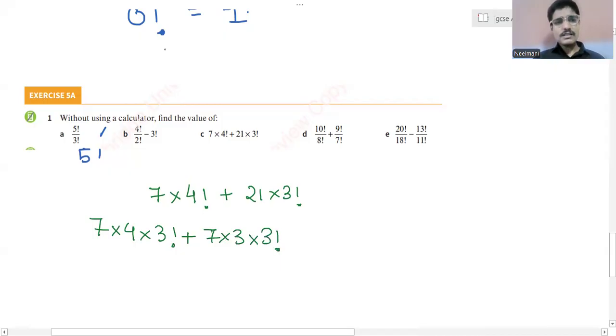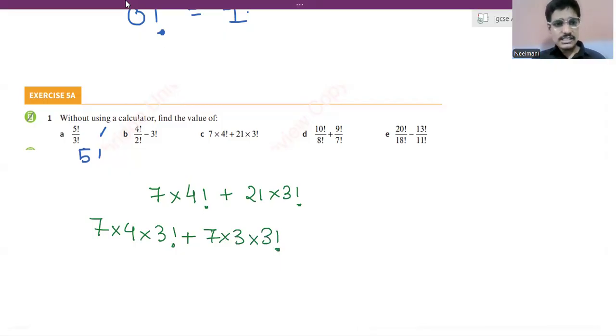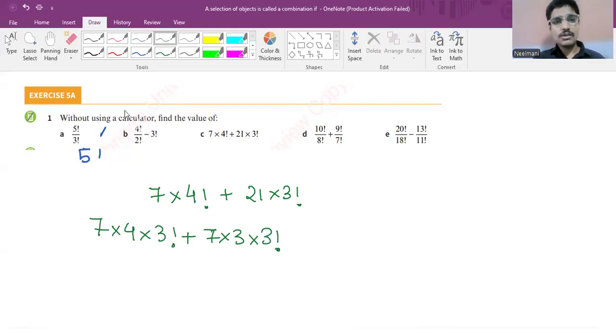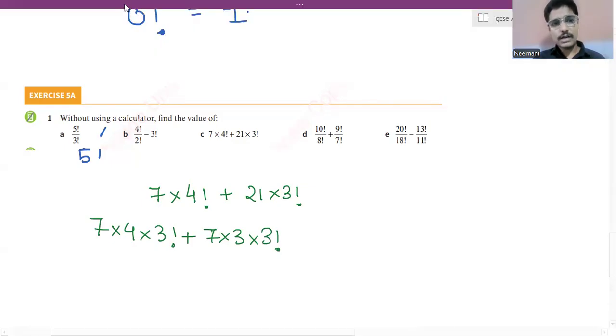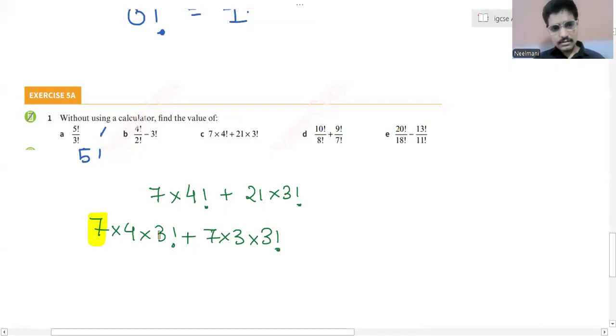To make my calculation easier, because I am doing this without a calculator, I can take this 7 common and this 3 factorial common from both of them.